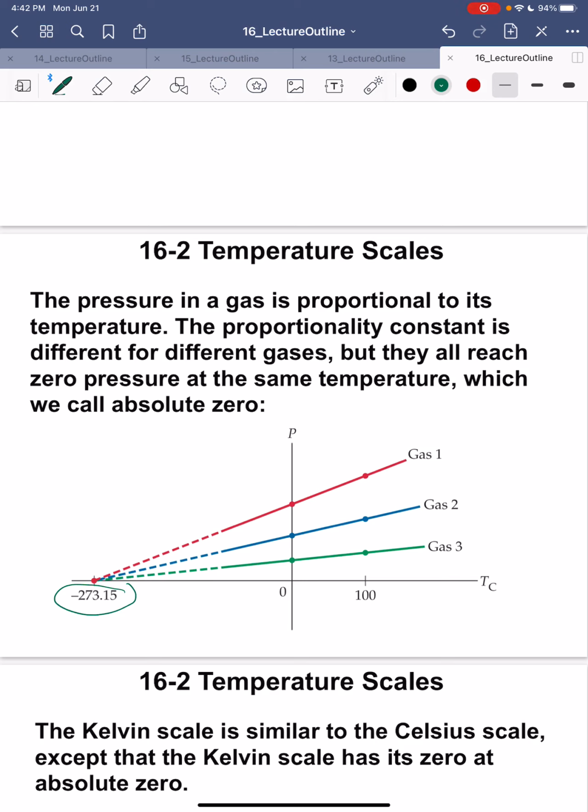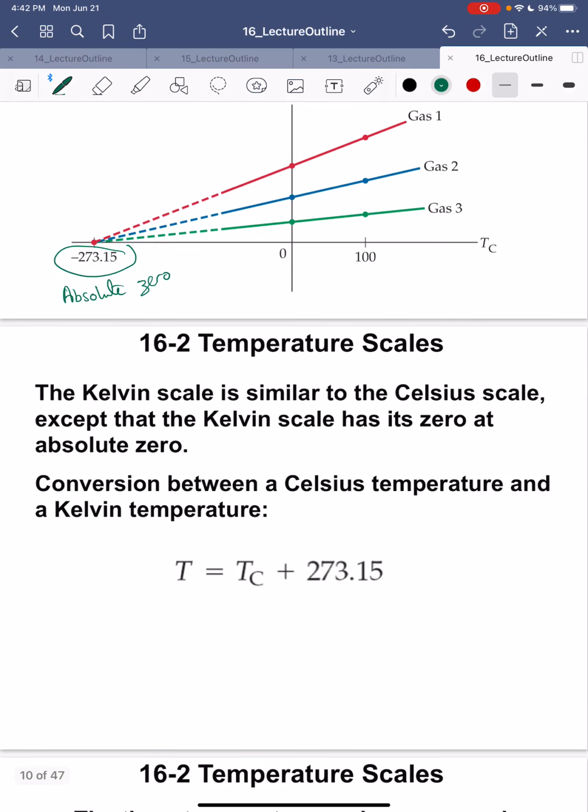Then they predicted that this is going to be the absolute zero, and then they tried different experiments, going back and forth, trying to reach this temperature in labs.